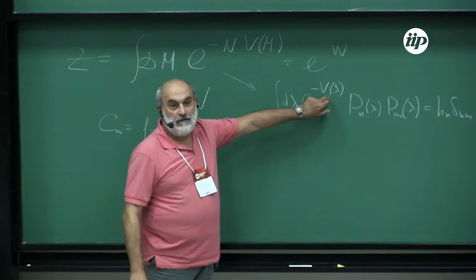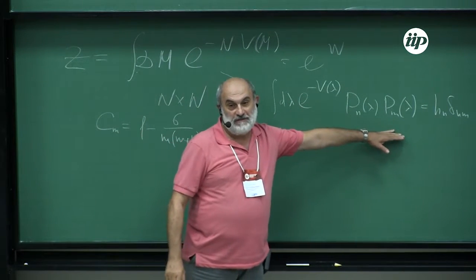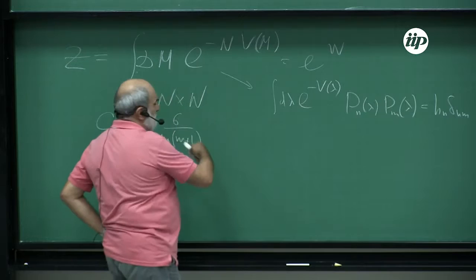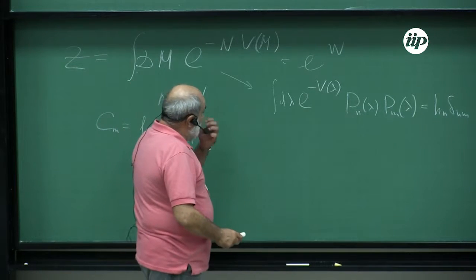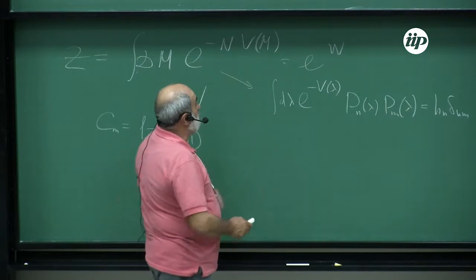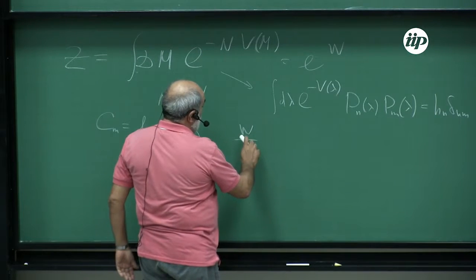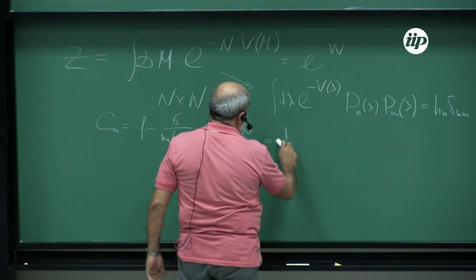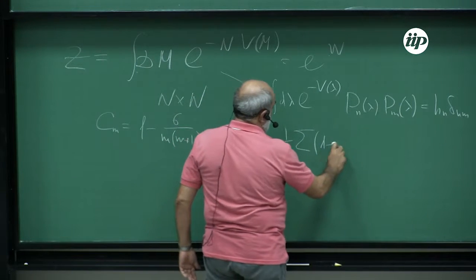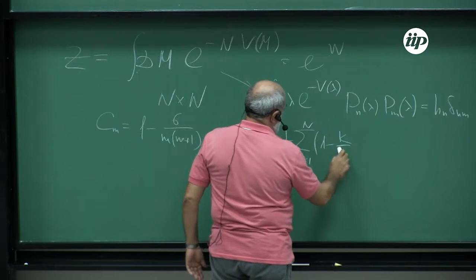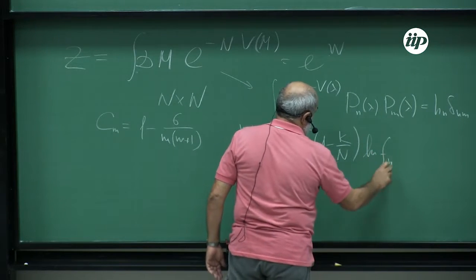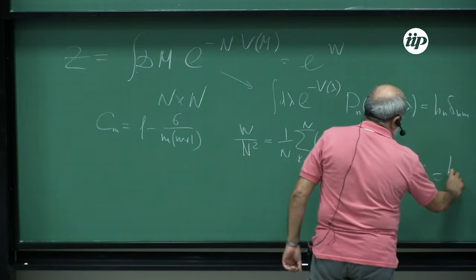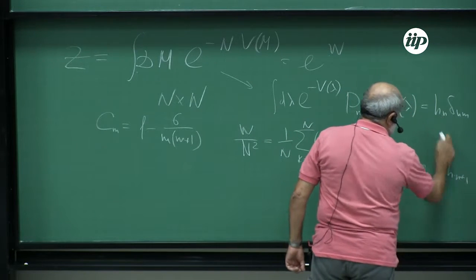For every potential V, there are polynomials fulfilling this property for any n and m running from 1 to N. So simply using this definition, one can calculate W, the effective potential, as a series of F_n, where F_n is h_{n+1} divided by h_n.